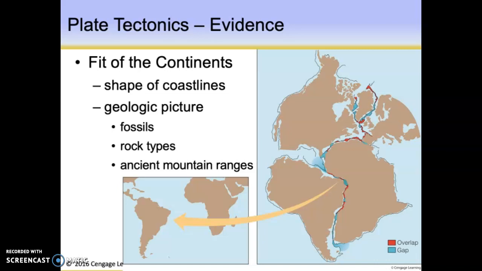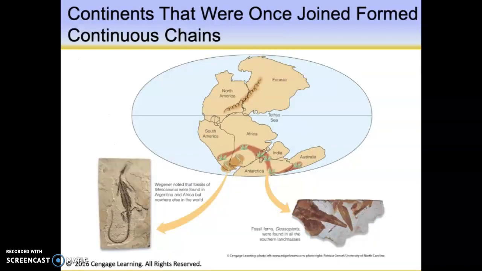So we talked about the big pieces of evidence that brought us to the idea of plate tectonics. We start with what they called at the time continental drift, which is the fit of the continents, and the picture on the continents when you put them together, suggesting they used to be together.